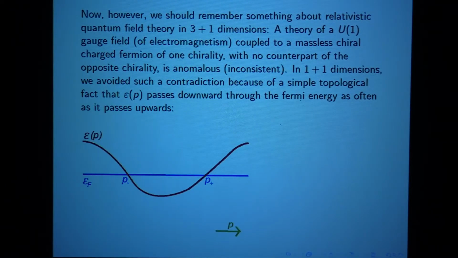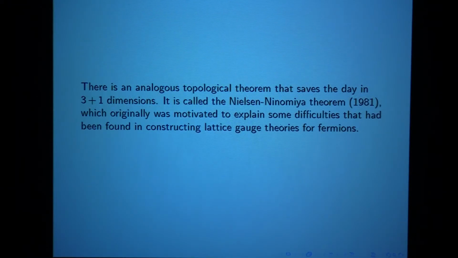So in 1 plus 1 dimensions, we avoided it because of this simple topological fact that we discussed, that epsilon of P passes through the Fermi level upwards as many times as it passes downwards. And we need an analogous topological theorem that will save the day in 3 plus 1 dimensions.